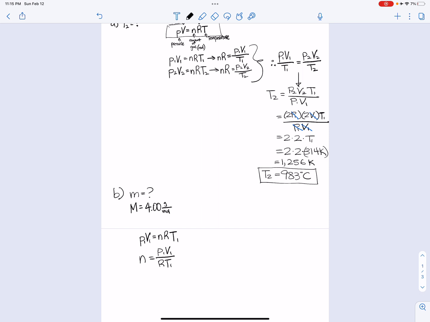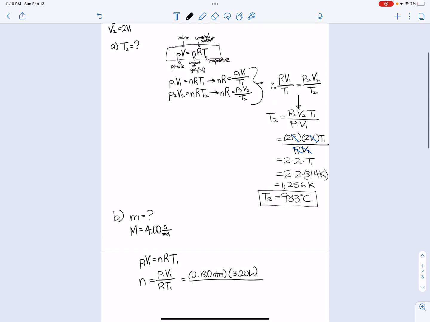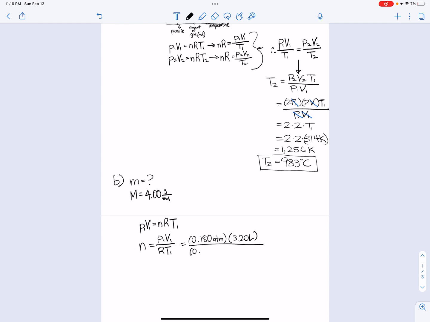And that is equal to 0.180 atm times 3.20 liters over the universal constant, which, since I'm given liters and atm for pressure, I will use this version of R. So that is 0.08206 liters times atm over mole times Kelvin.